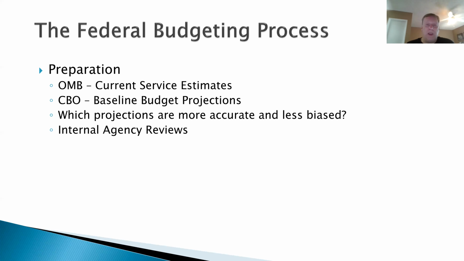If you think about why, it makes sense from a political perspective in that OMB works for the president. And so there's very much an imperative for the president to look good economically. We know there are a lot of people who vote based upon economics.